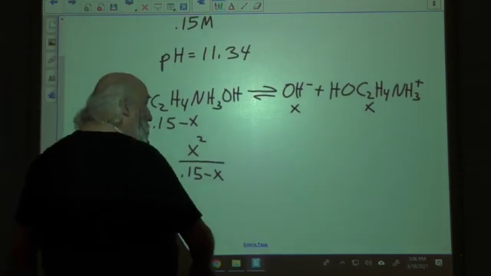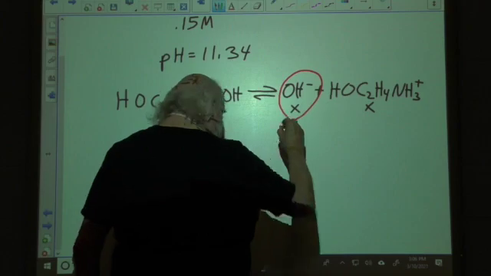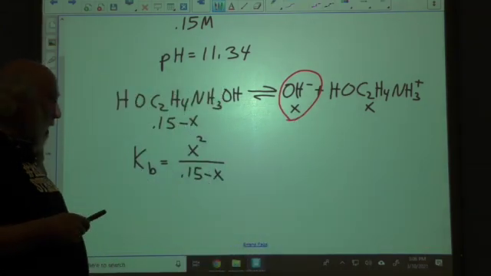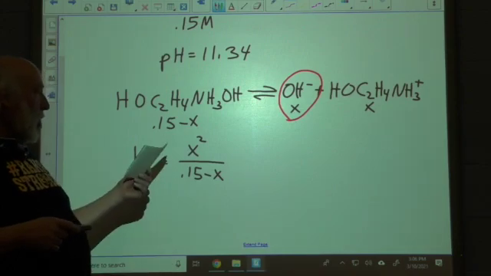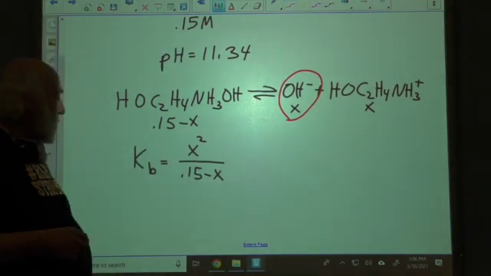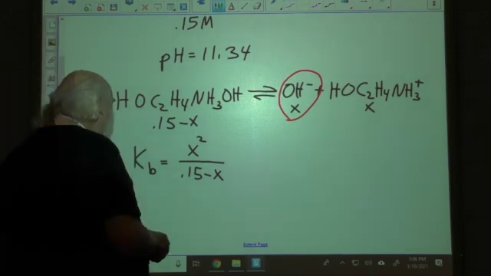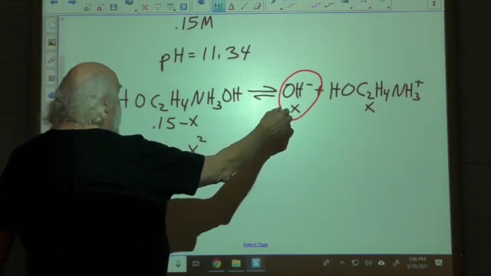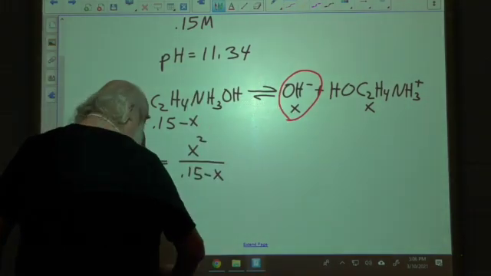The fact that the OH now is the X instead of the H like we had in the acids for the Ka. So we know that the concentration of hydroxide is going to be our X.